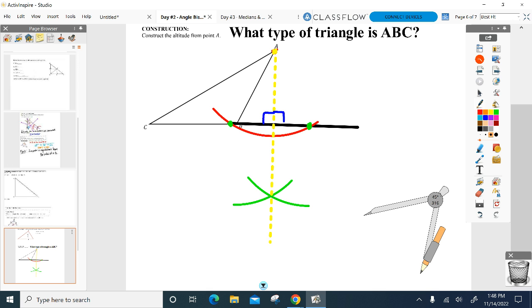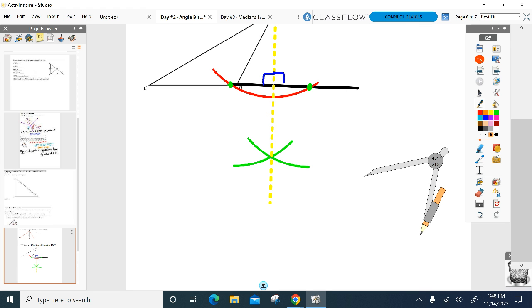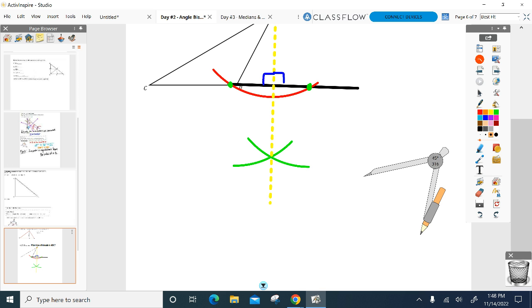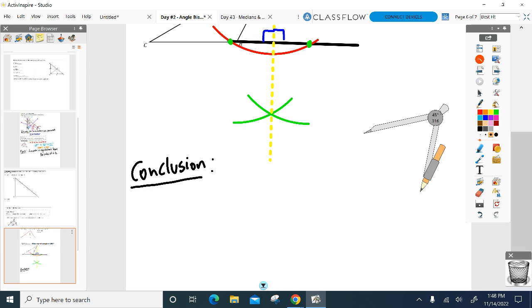All right. I don't have the time here today, or I'm sure you don't have the patience either, to do two more altitudes coming from C and A. So we're just going to write our conclusion here as if we did end up doing that. This is kind of familiar.